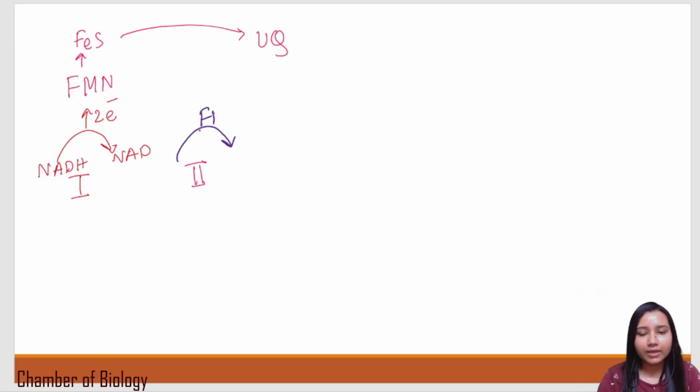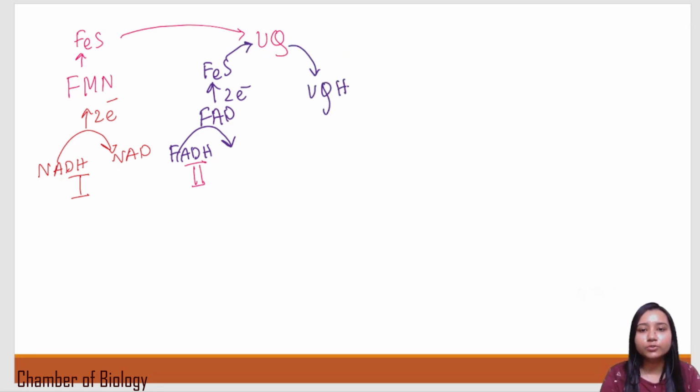So FADH, which has been oxidized here, we will see FAD, it is going to transfer 2 electrons to FeS again, and it is going to come to the ubiquinone. Ubiquinone is going to be reduced into UQH2, and after this there is going to be transfer of the electron to complex 3.